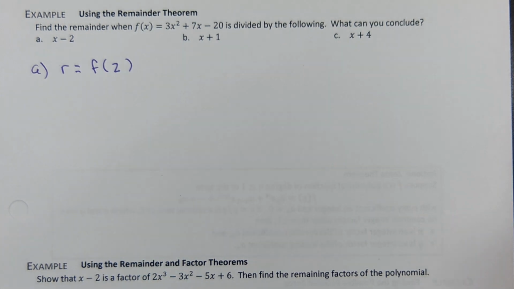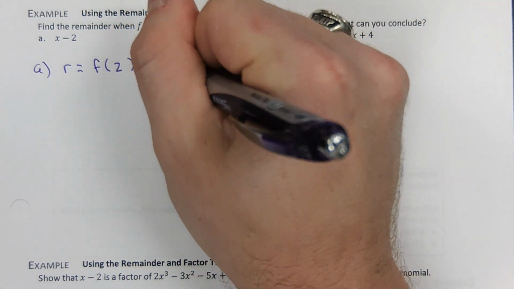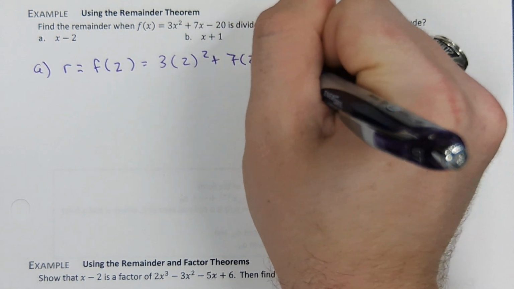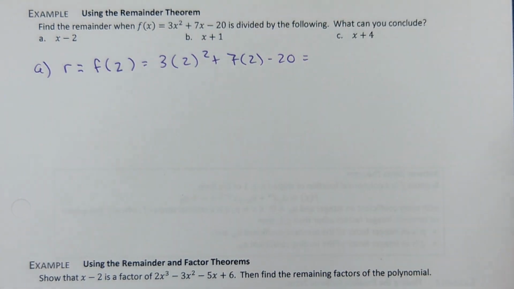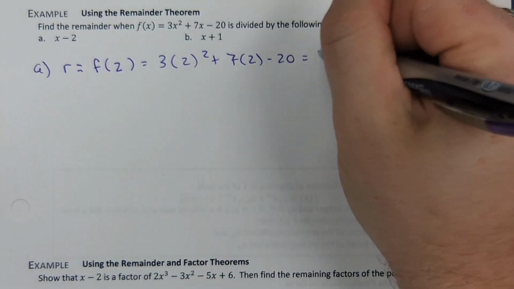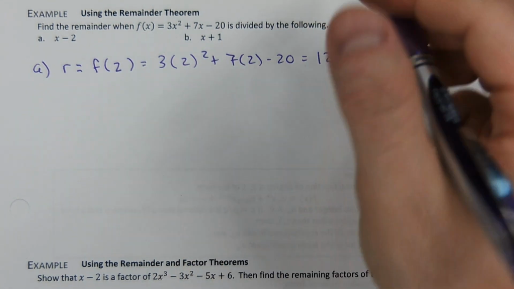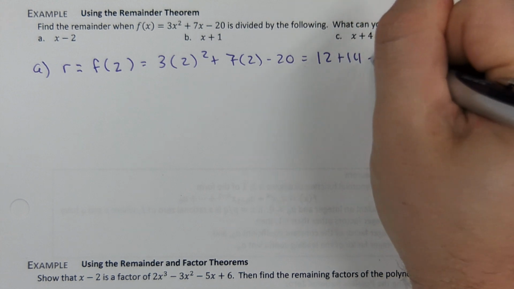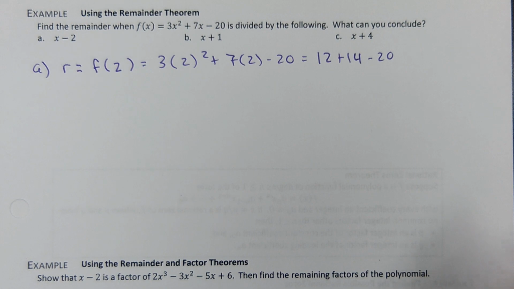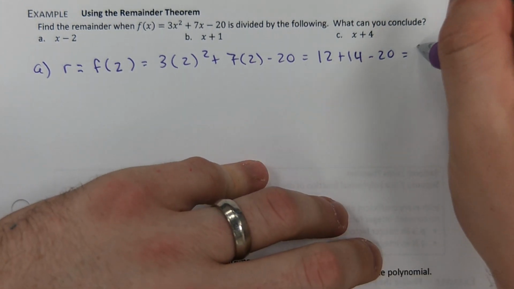So let's plug in x equals 2 and see what we get. 3 times 2 squared plus 7 times 2 minus 20. Okay, 2 squared is 4. 3 times 4 is 12. 7 times 2 is 14. 12 plus 14 is 26. 26 minus 20 is 6.